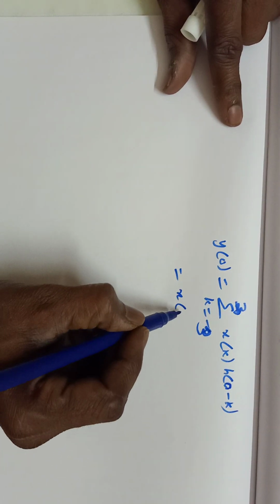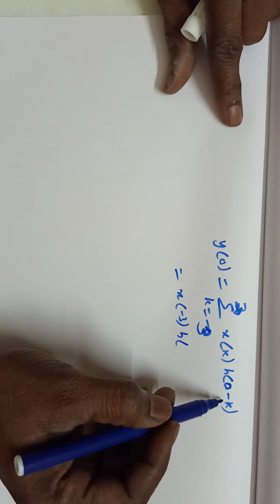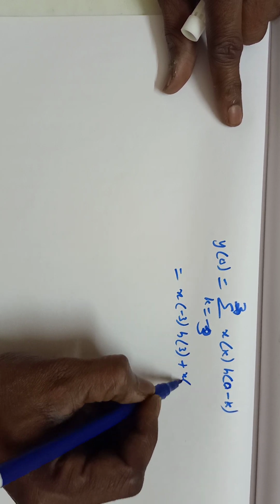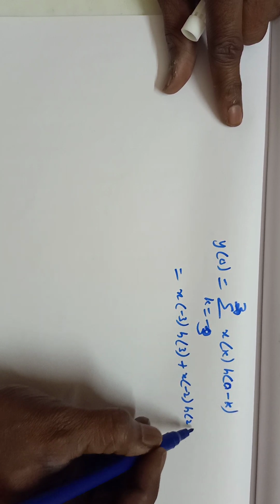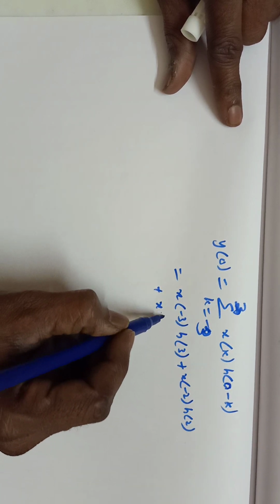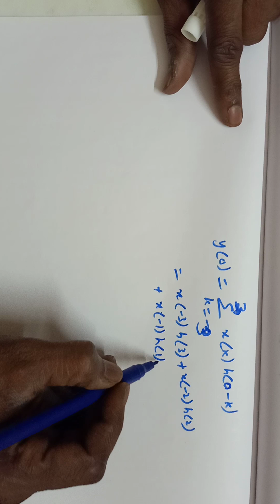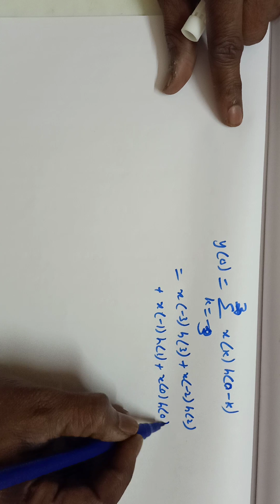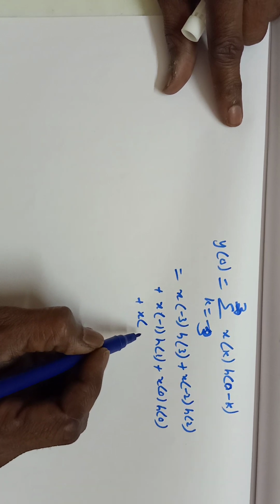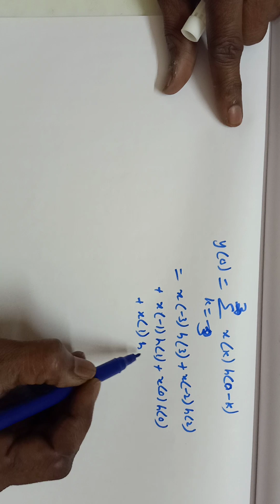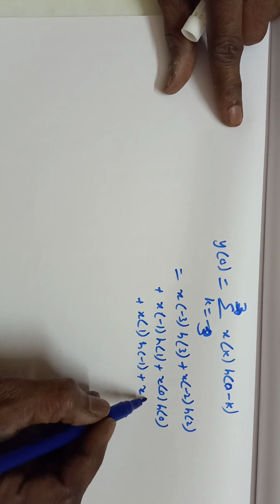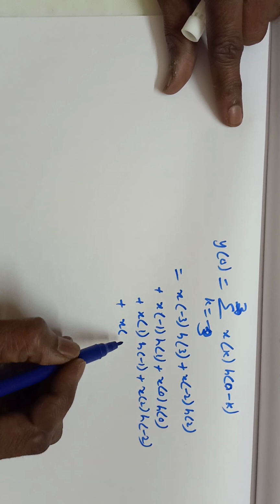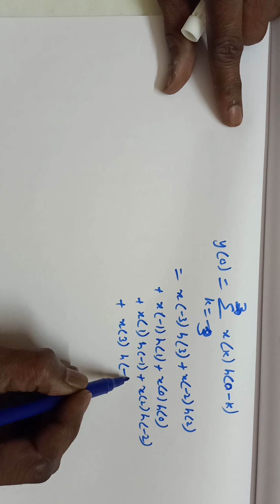So x of minus 3 into h of 3, since minus of minus 3 is plus 3, plus x of minus 2 into h of 2, plus x of minus 1 into h of 1, plus x of 0 into h of 0, plus x of 1 into h of minus 1, plus x of 2 into h of minus 2, plus x of 3 into h of minus 3.